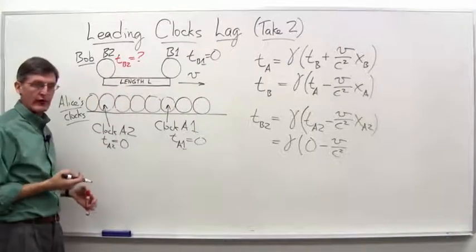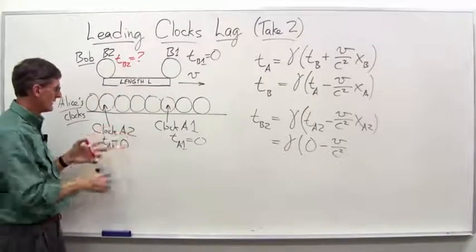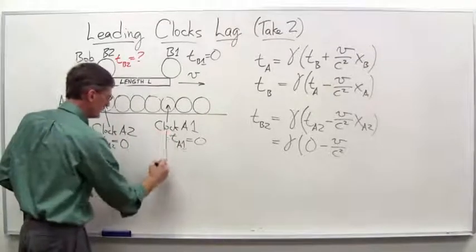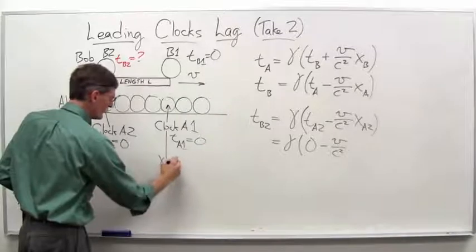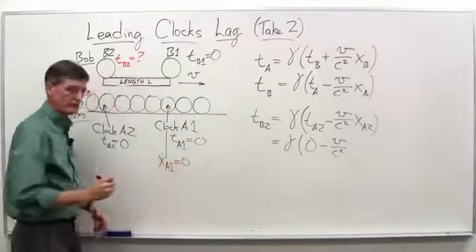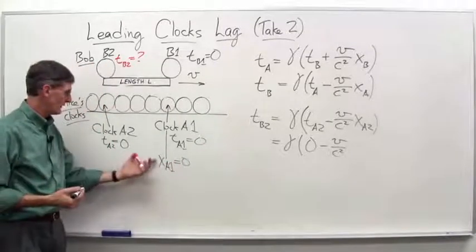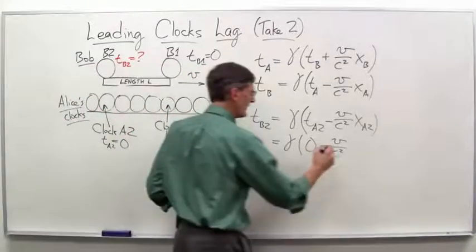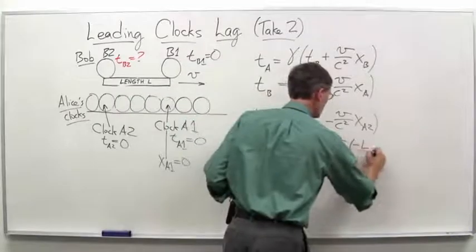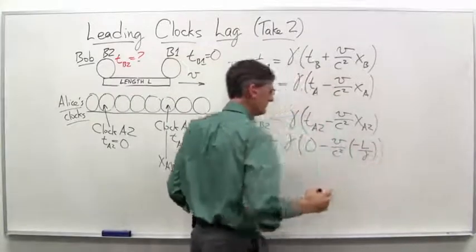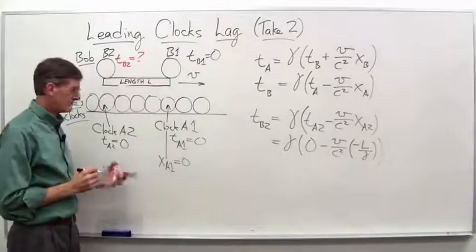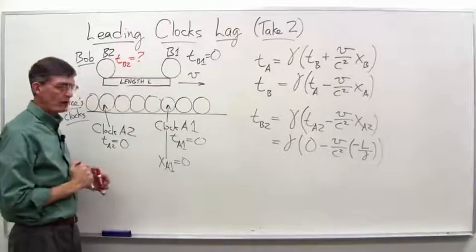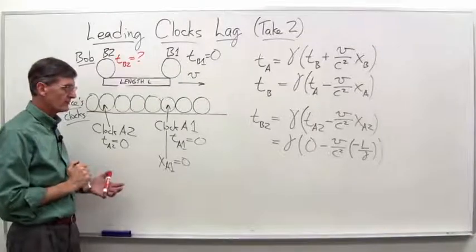If this position right here is XA1 equals 0, we just set our 0 point there, then this is in the negative direction, and in fact it's going to be minus L over gamma. That's the distance between those two clocks as far as Alice is concerned.